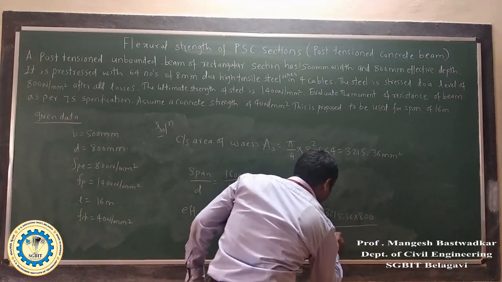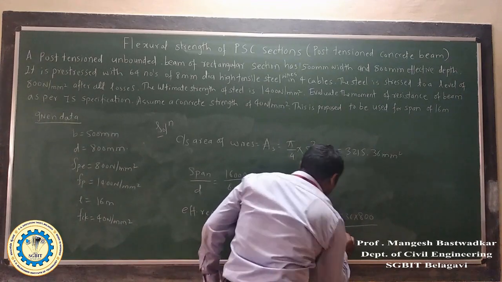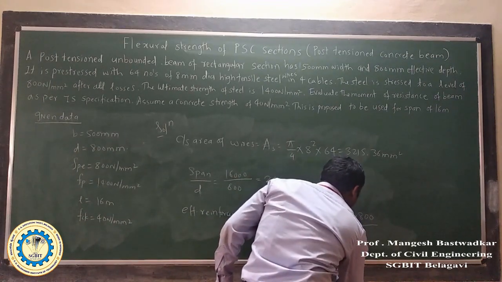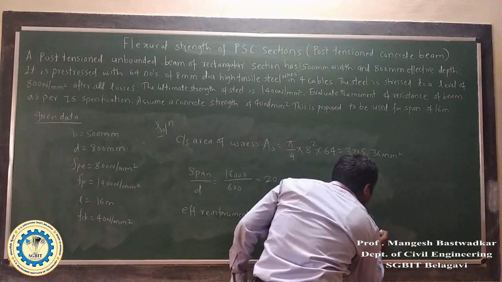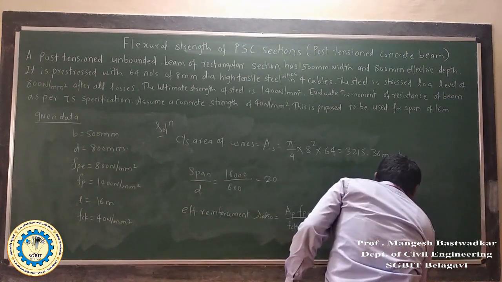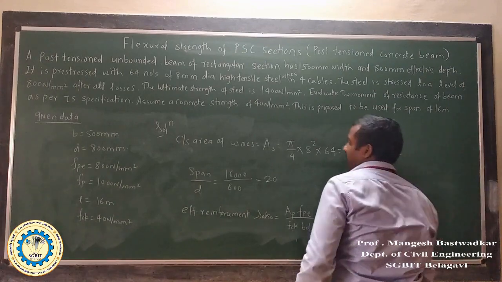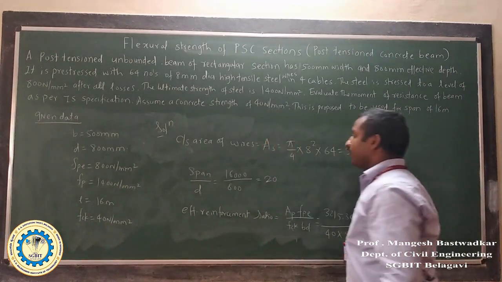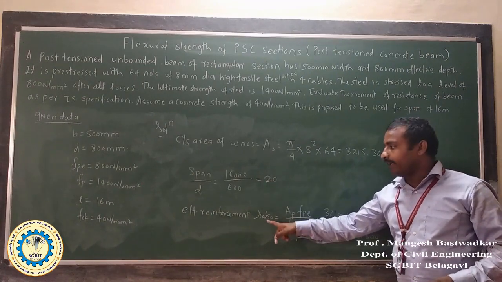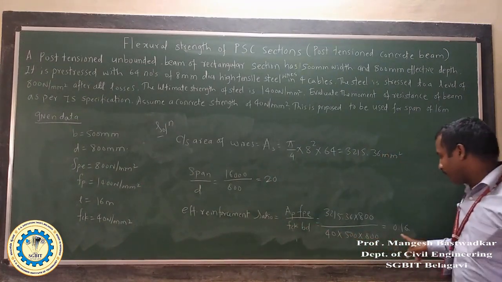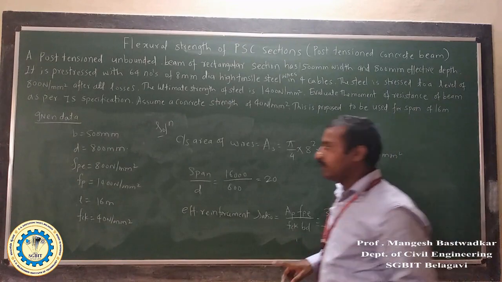FCK is 40. B is width 500. Then effective depth is 800. So that is 0.16. It gives.